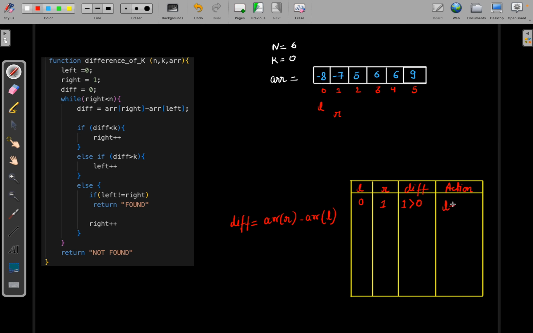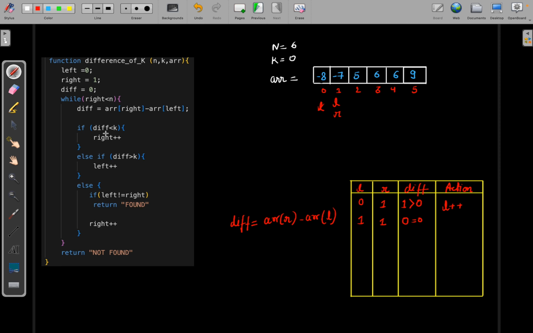I will move L plus plus, I will move my L pointer. So now L is pointing to 1, R is also pointing to 1. I will again come back to here. Is right less than n? Yes, it is less than n. Now find the difference, ARR of right minus ARR of left. So minus 7 minus of minus 7, that is 0. So is 0 equal to 0? So I won't come under here.